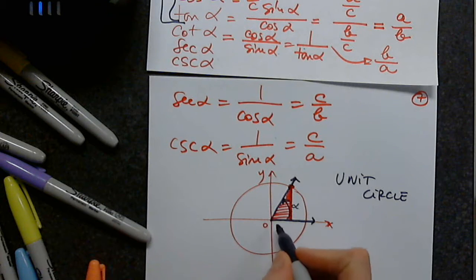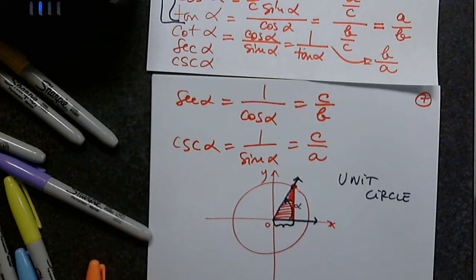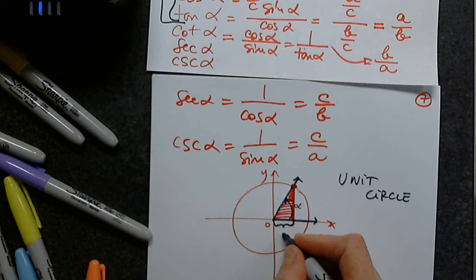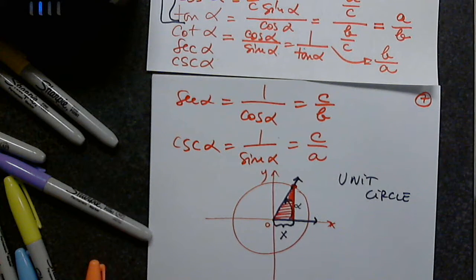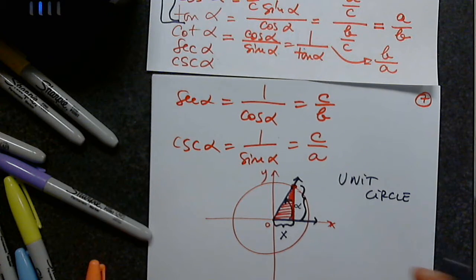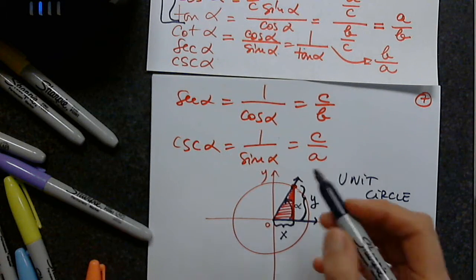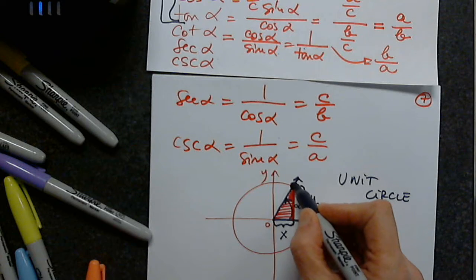I am going to denote this piece by, what do you think? Yes, but I'm going to call it x because it's on the x-axis. But you're right. Nothing wrong there. And I'm going to call this piece y, of course. And now I'm going to ask you to give me the coordinates of this point.